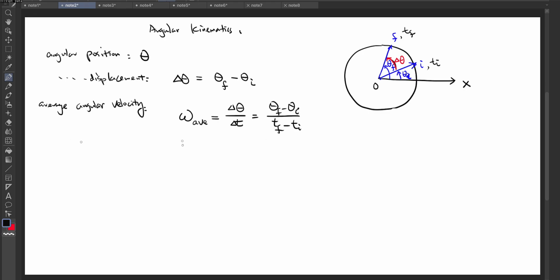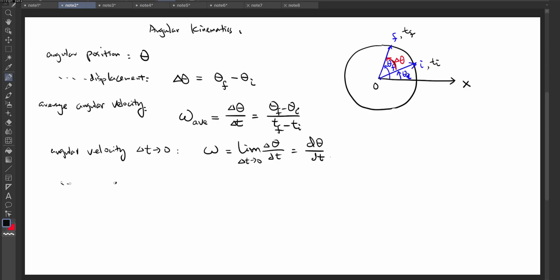Now, if I take the limit of delta t goes to 0, then we have the instantaneous angular velocity, which is d theta dt. All right, so that's the instantaneous angular velocity.